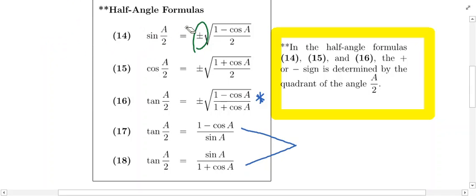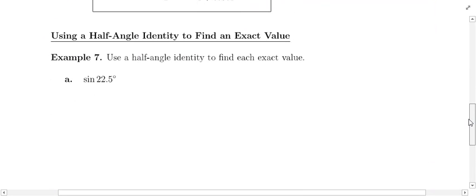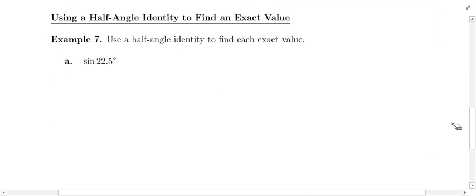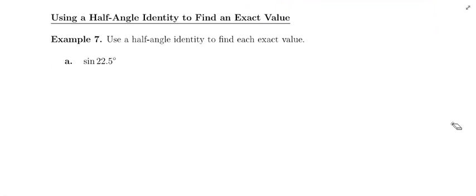I am not going to derive these. We are going to jump straight into a very popular kind of example to do with these half angle identities. We can use them to find an exact value. So in example 7, the directions will say use a half angle identity to find each exact value.